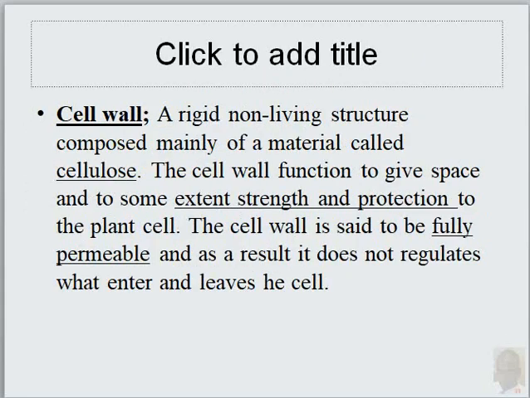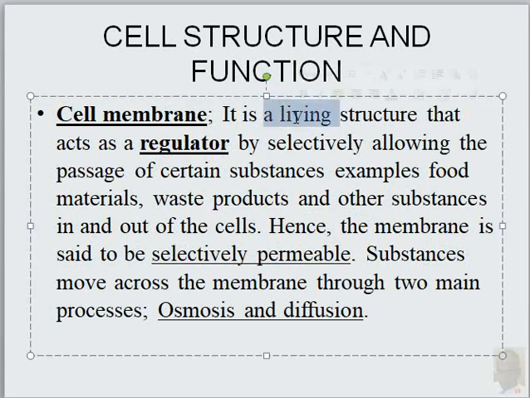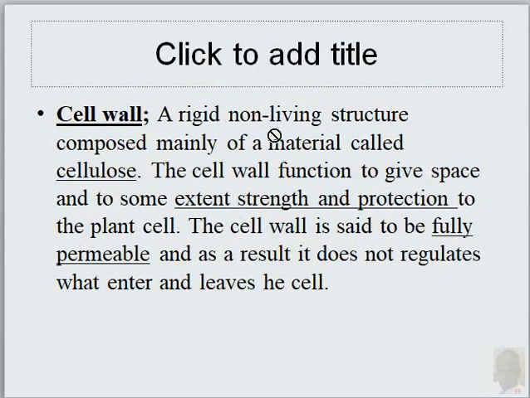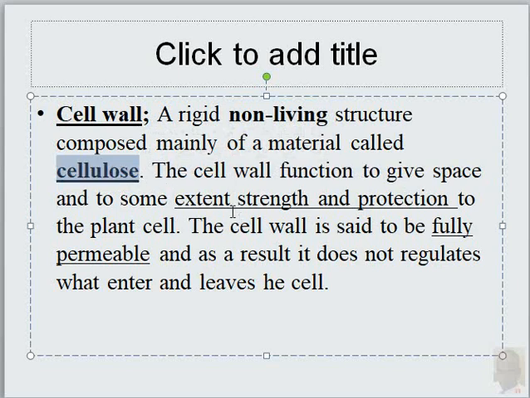Good. Now the cell wall is different. The cell wall is not living. So unlike the cell membrane, which is living, highlight that too. The cell membrane is living. The cell wall, on the other hand, is non-living. Right? And the cell wall is composed of a sugar called cellulose.